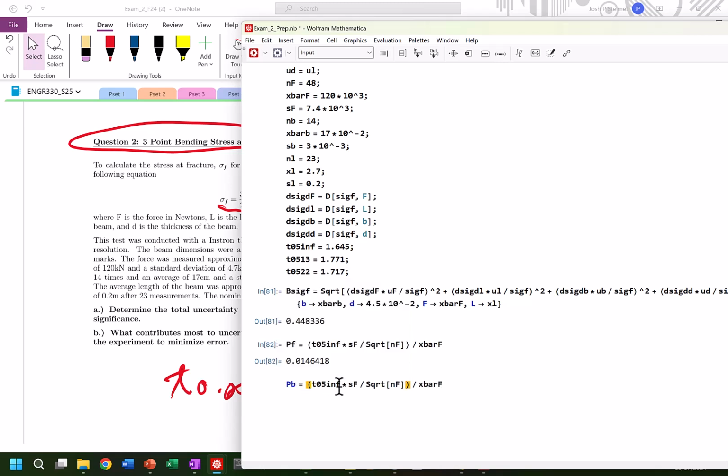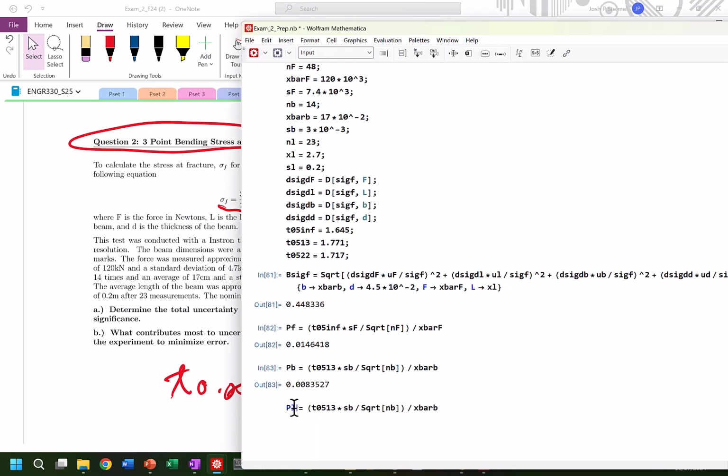How many measurements did we have? t 0.05, 13, S B and N B, X bar B, and then finally L. t 0.05, we had 22 measurements, S L and N L, and then X bar L.